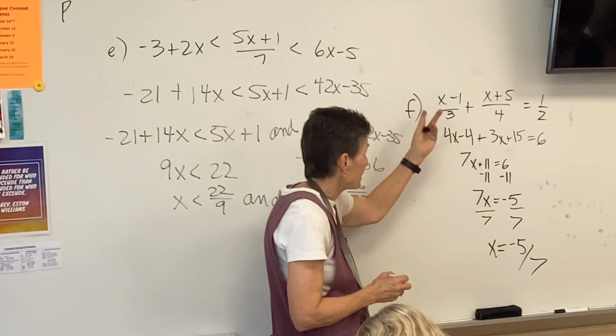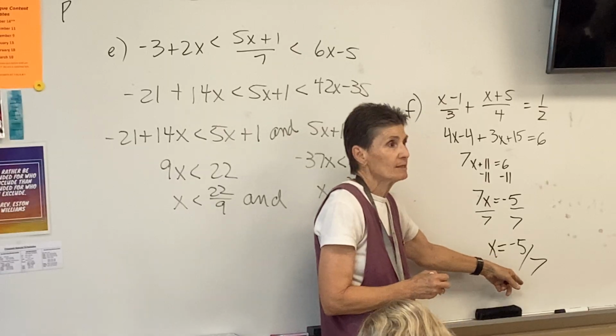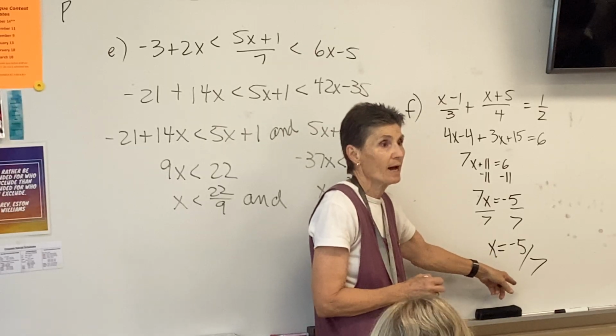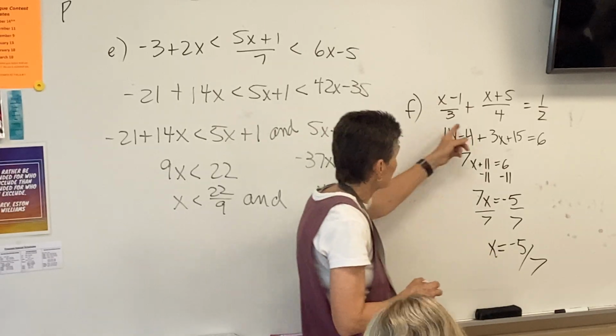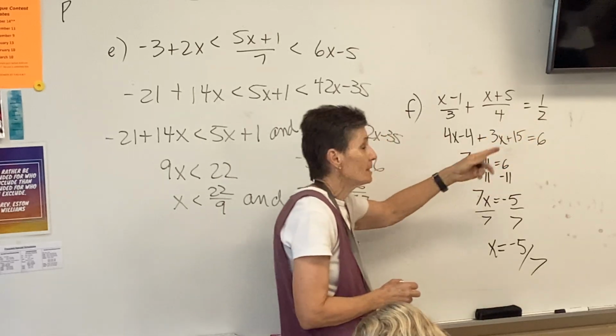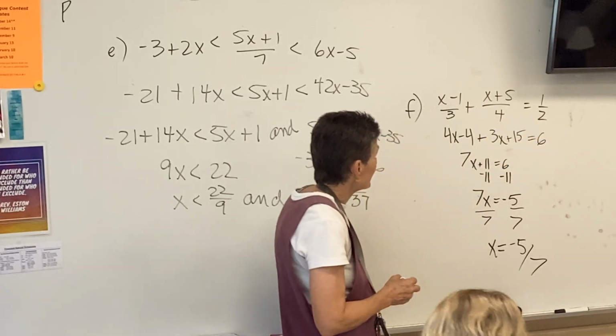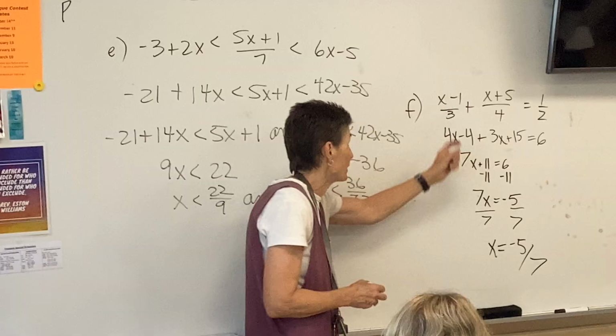He got -5/7. Okay, Karen's nodding. So the common denominator here was 12. So when he multiplied, that worked out great. Good with F?